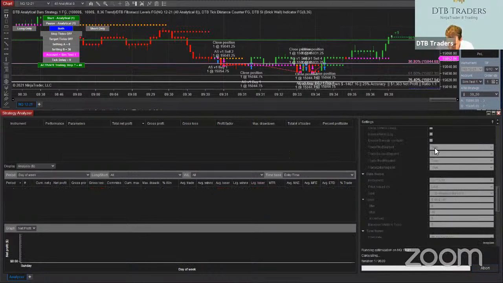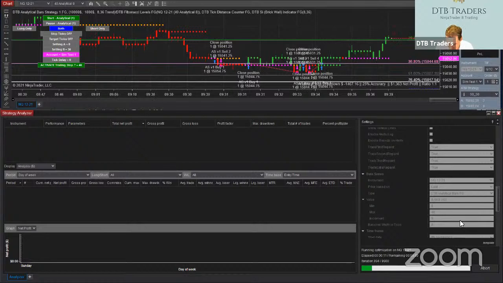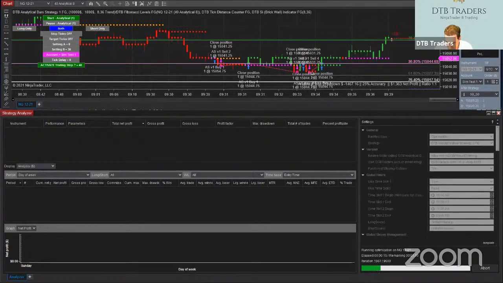So you'll notice that it's doing the optimization of all, it's doing the repaints, all of them. And this should not take long at all. So we're just going to monitor what that's going to be doing. And if it does take too long, we'll just have to maybe change it during the session. We want to make sure that this runs in under a minute, especially during this session.